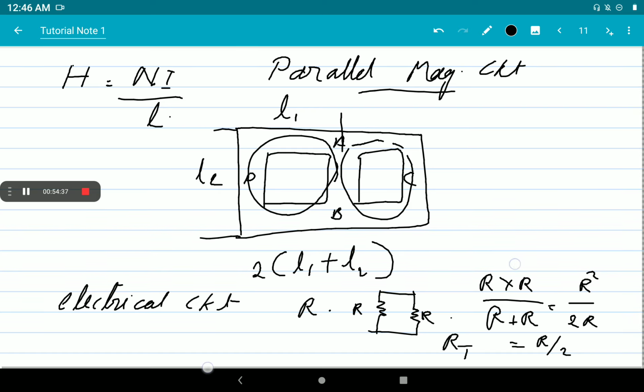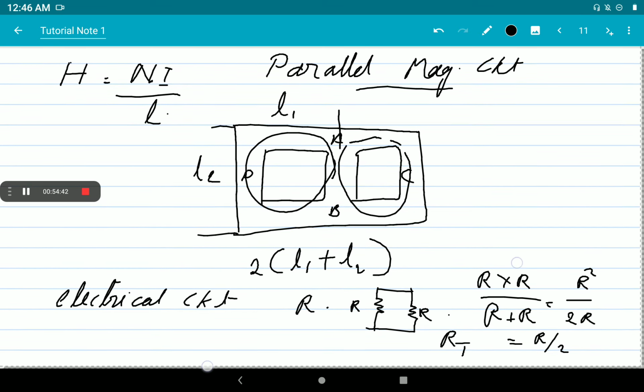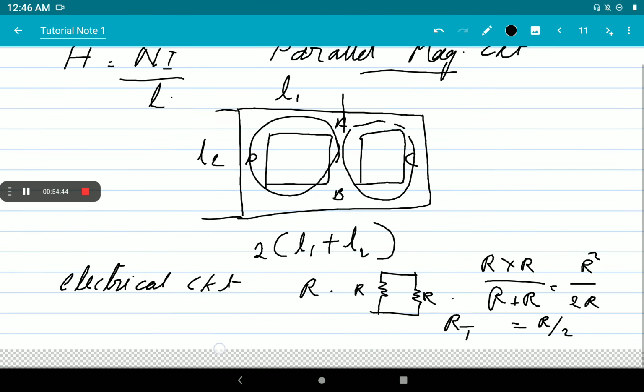Similarly, the reluctance offered by two paths is equal to half the reluctance of each path. So, series circuit and parallel circuit.